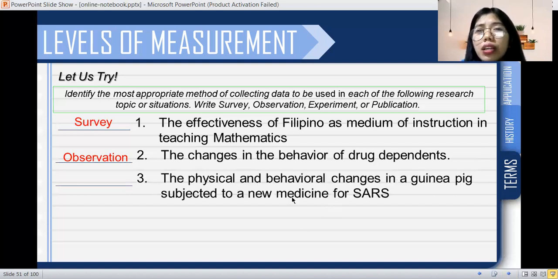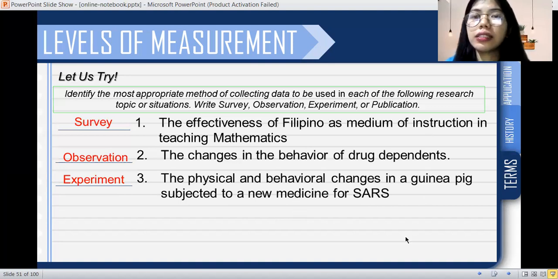Third, the physical and behavioral changes in a guinea pig subjected to a new medicine for SARS. The most appropriate method for this one is through experiment. So, ayan po, mag-experiment po tayo para makita kung ano nga ba yung changes when nabigyan na siya ng new medicine for SARS.